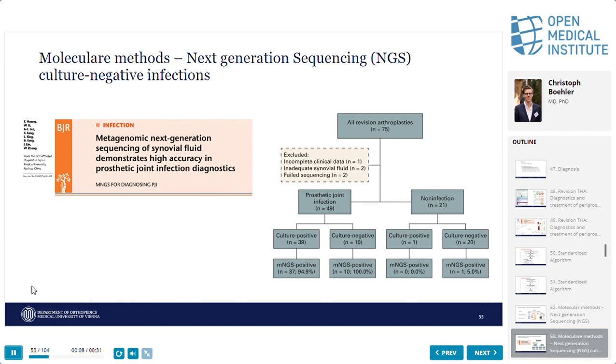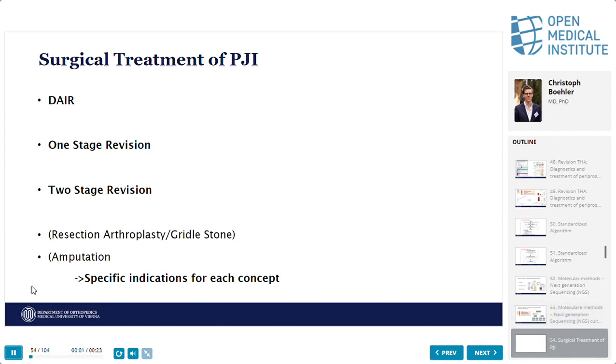They showed that with these methods you could identify the bug, which had formerly been culture negative, in 100%. So this will be coming, but we are not using it routinely. Do any of you have access to this? When the patient pays? No? Good.